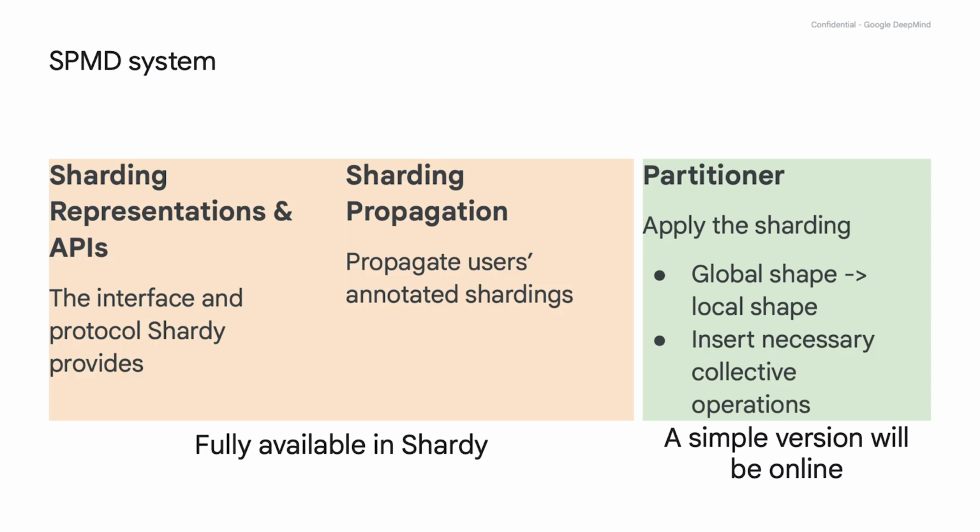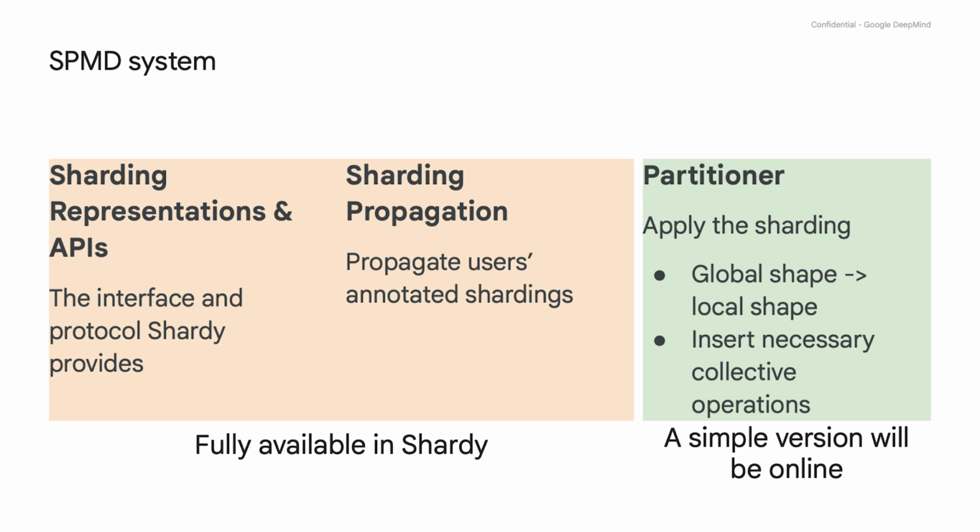There are three key, critical components in the SPMD system. The first one is sharding representation and APIs. It's the interface and the protocol we provide. Users can leverage them to communicate with our functionalities. The second component is sharding propagation. Users don't have to annotate shardings for all the operations in the computation graph.